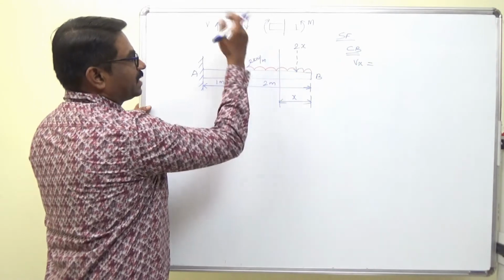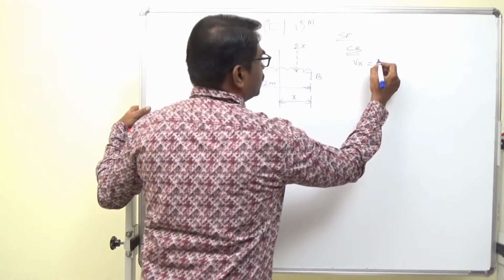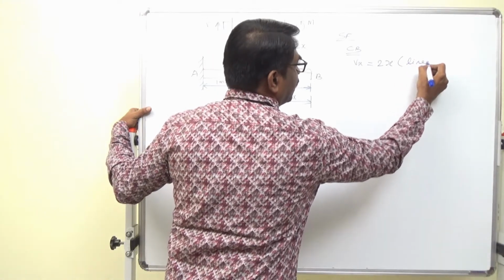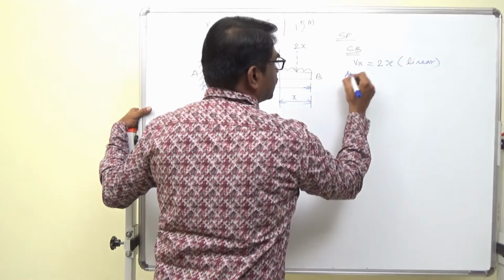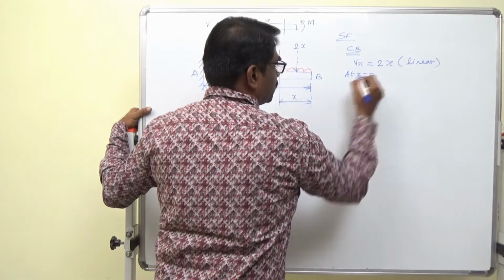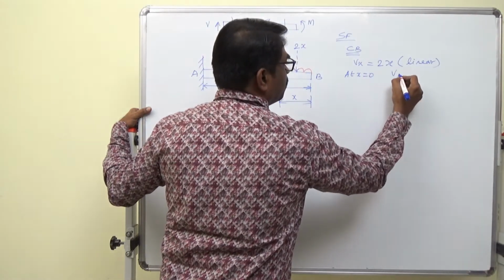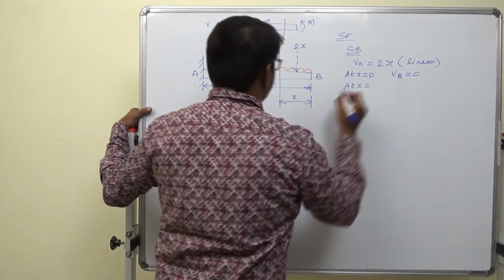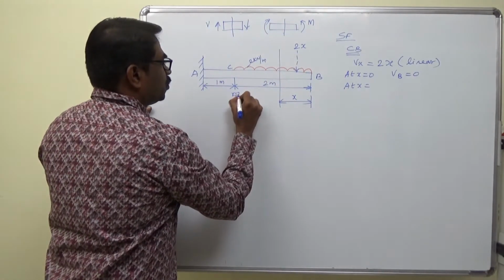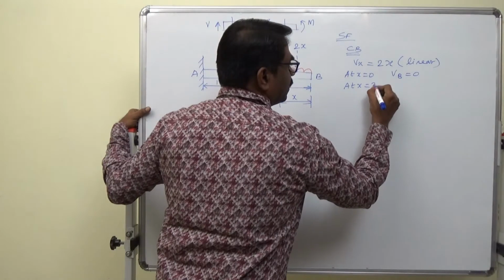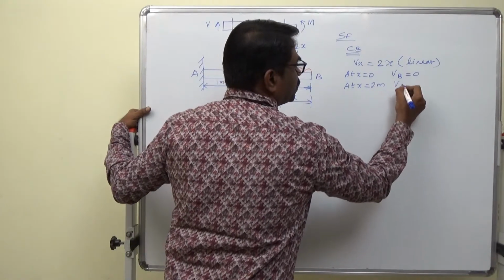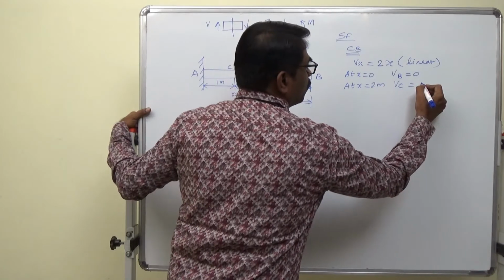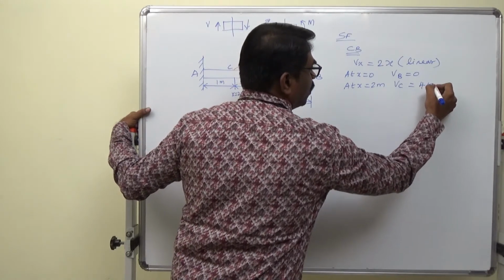To the right, downward is positive, so 2x is the force and it is linear. So at x equal to 0, VB equal to 0. At x equal to 2 meter, I am at C, so VC equal to 2 into 2, 4 kilonewton.